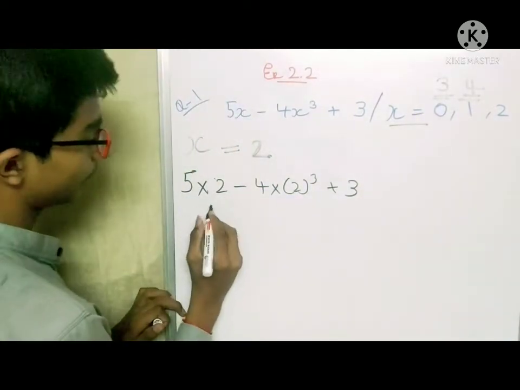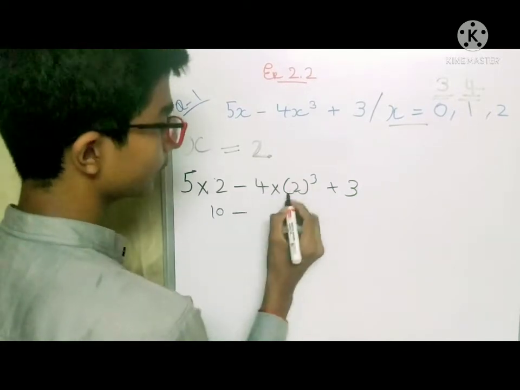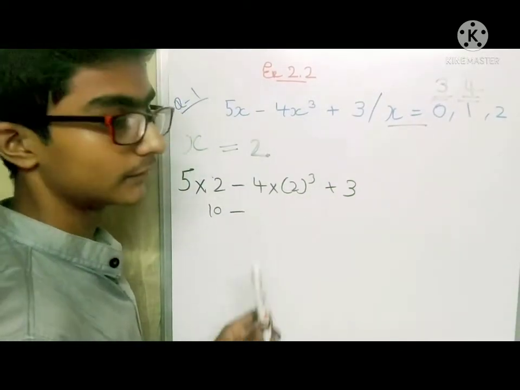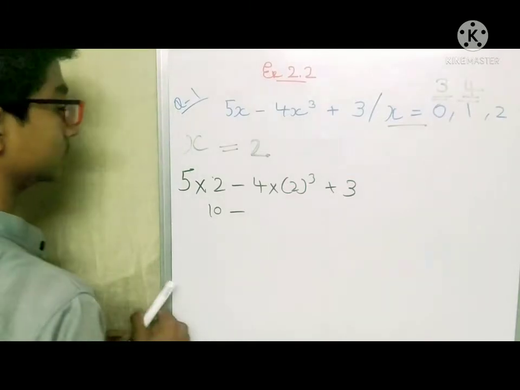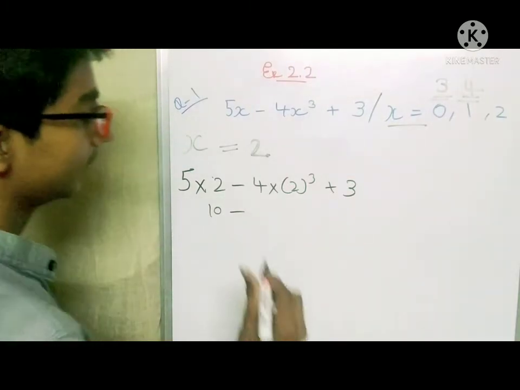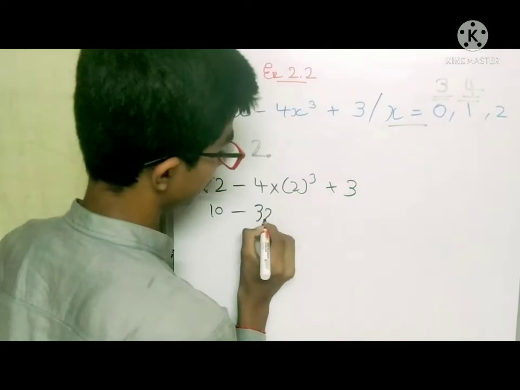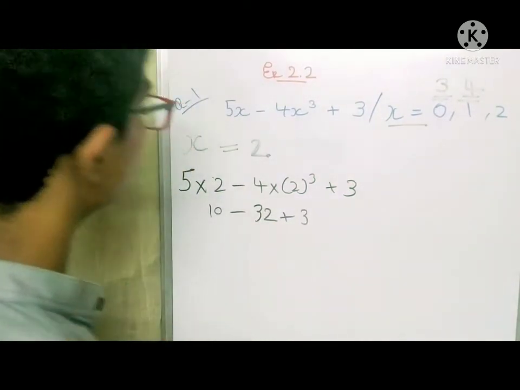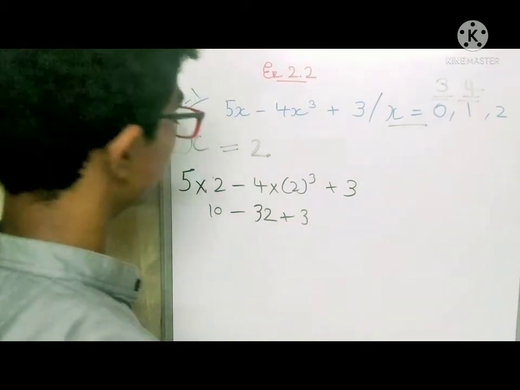So 5 times 2 is 10, minus 4 times the cube of 2, which is 8, and 8 times 4 is 32, plus 3. So now 10 minus 32.